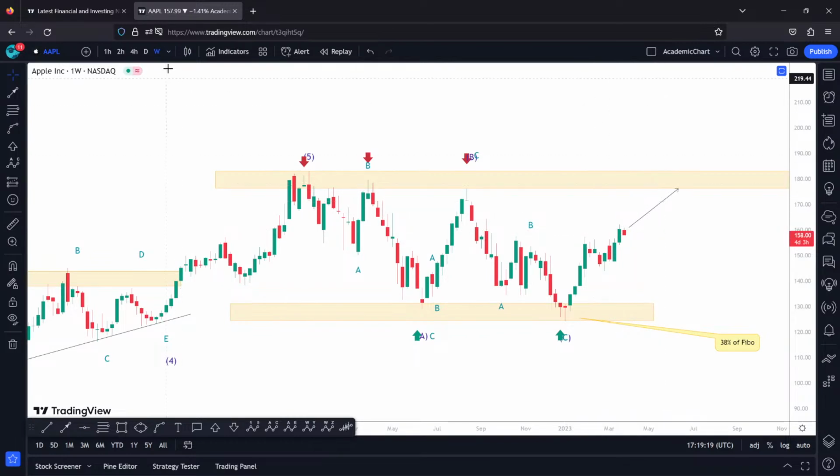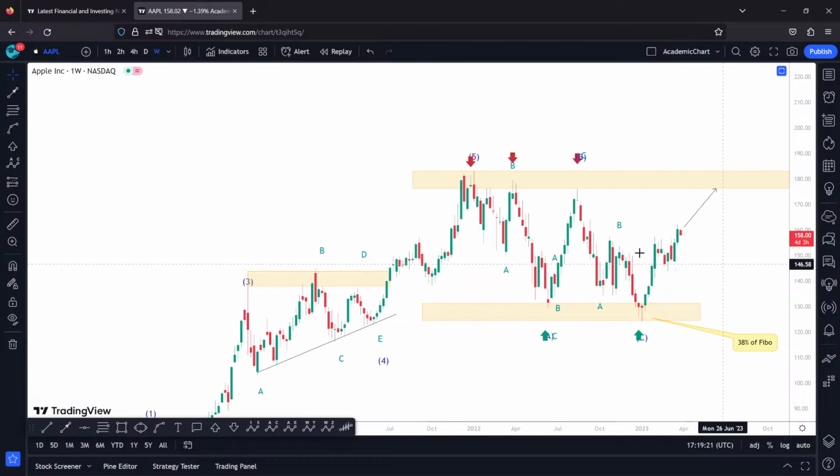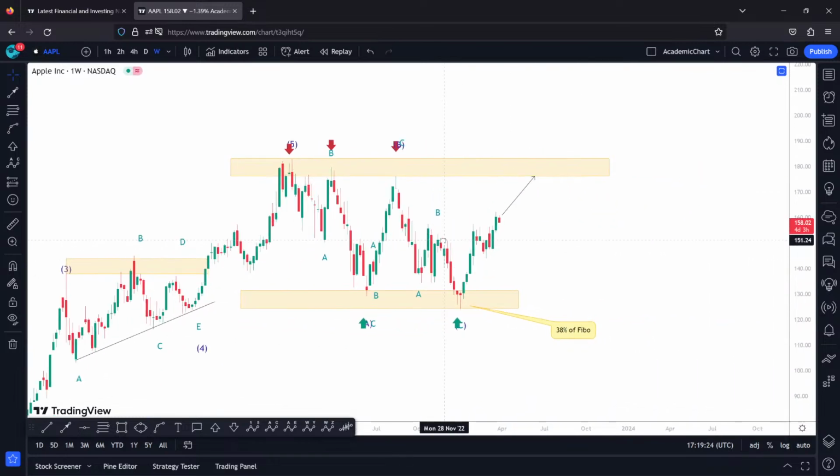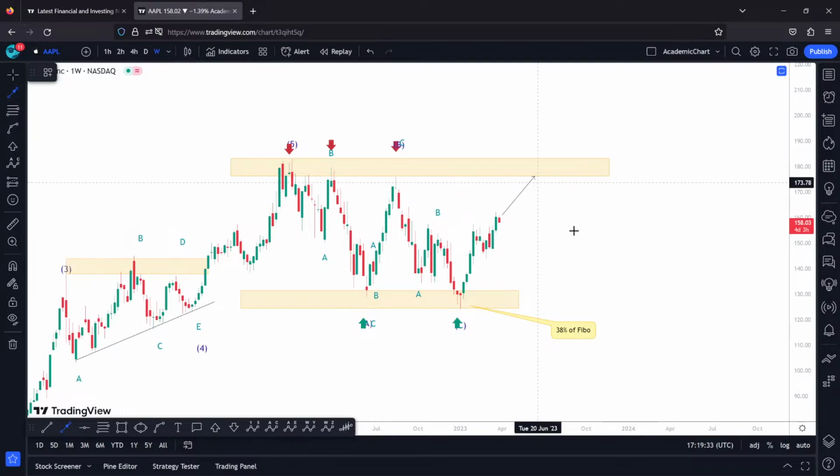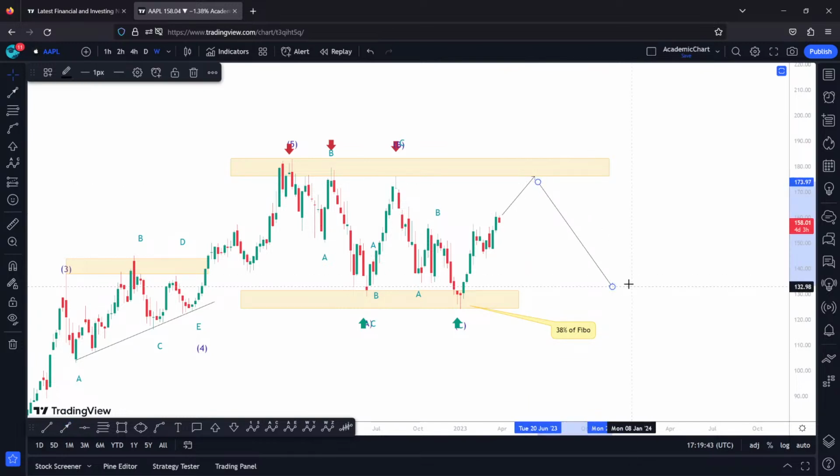But after that, I'm expecting to count this as X and having another. If I can grab this arrow, I would like to draw an arrow. Yeah, something like that. So a reversal.